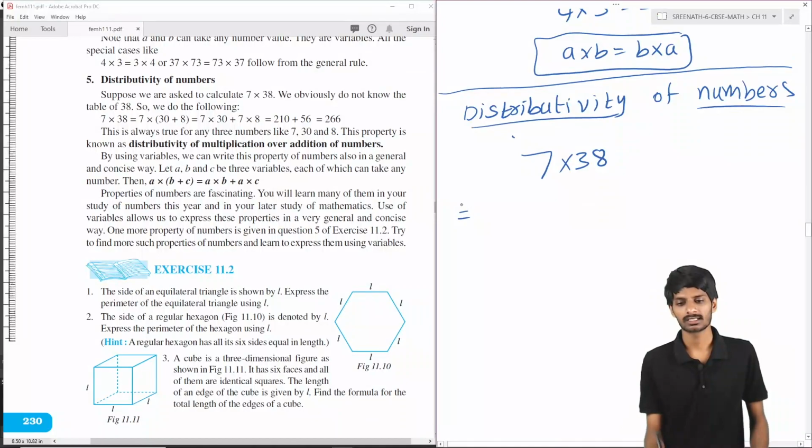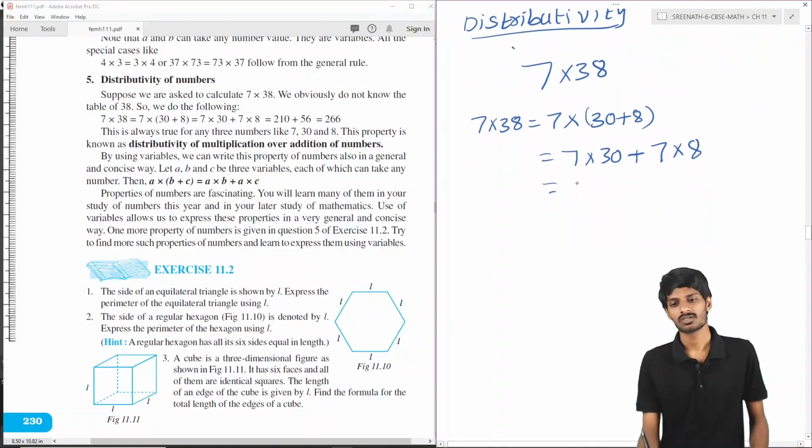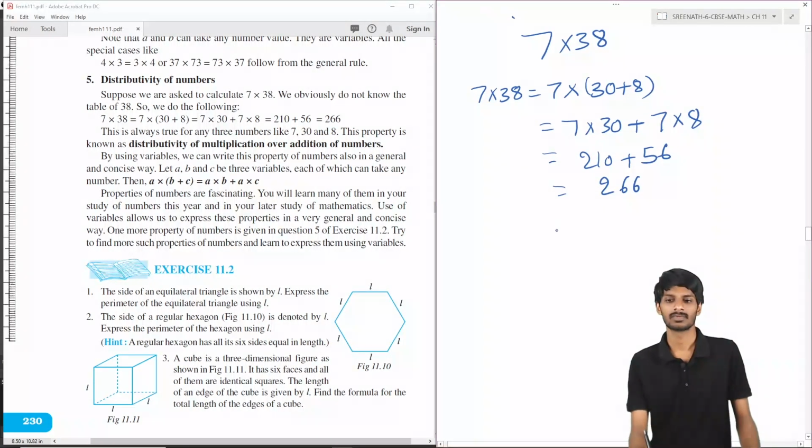You will do it that 7 into 38 is equal to 7 into 30 plus 8. So how will you do it? You will multiply first the 7 into 30 plus 7 into 8. So 7 into 30 is 210 plus 7 into 8 is 56. That is 266, like that.